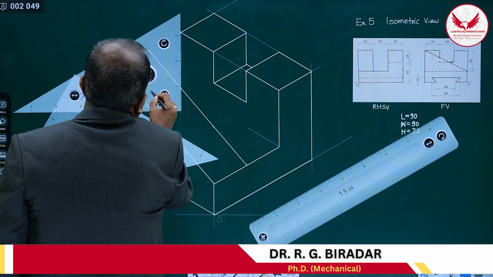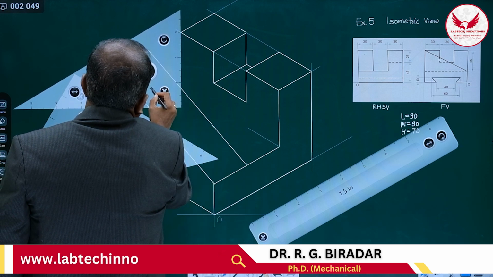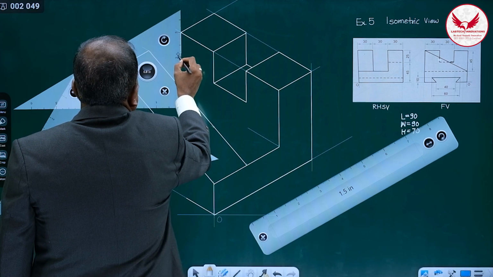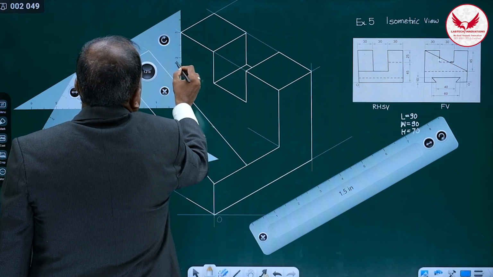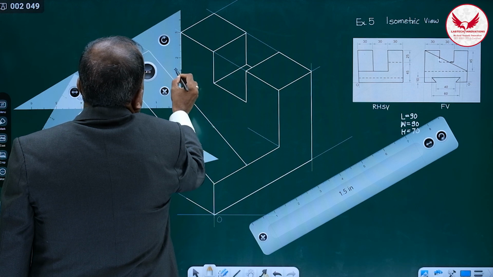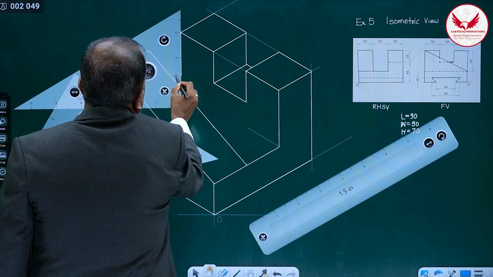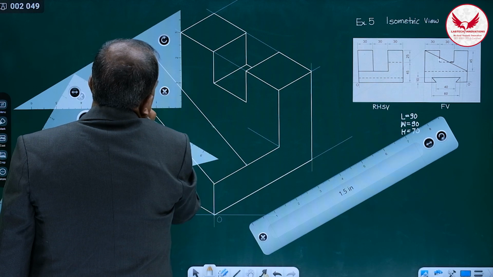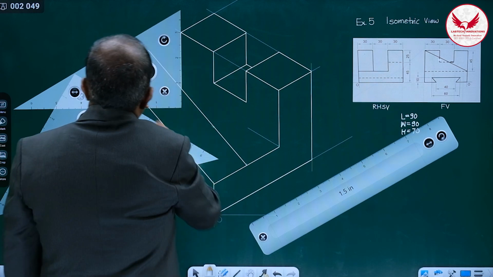From this corner we can mark 45. So 10, 20, 30, 10, 20, 30, 40, 45. I think it will match with this. It will match with this.